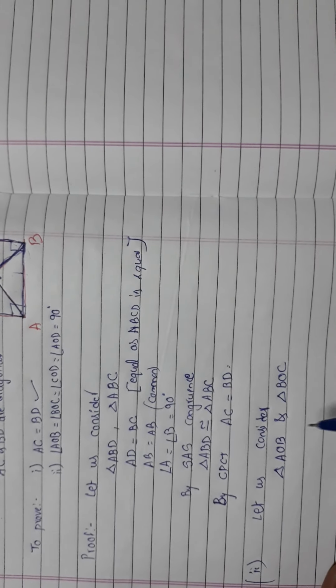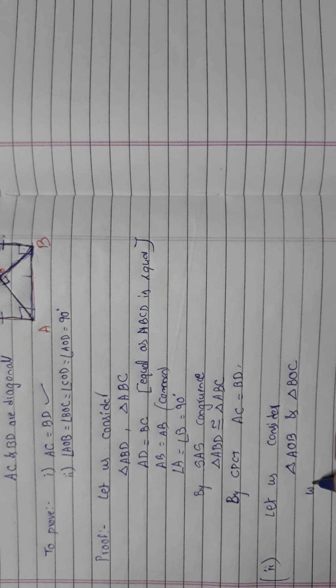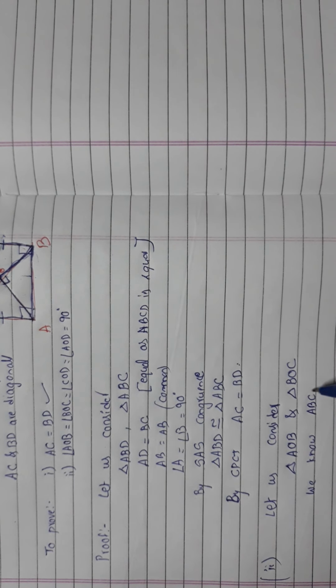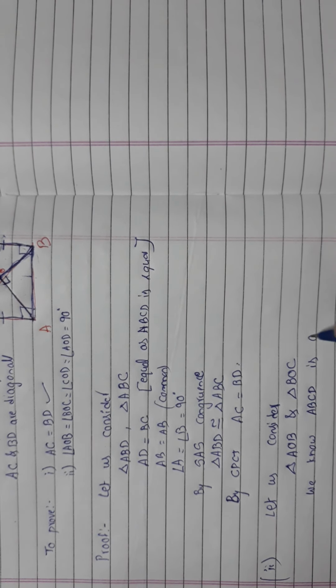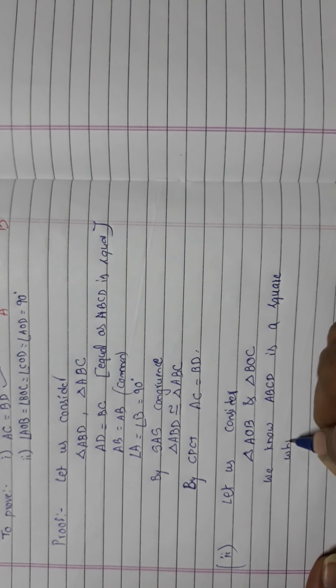So in this I am considering triangle AOB and BOC. We know ABCD is a square which is also a parallelogram.